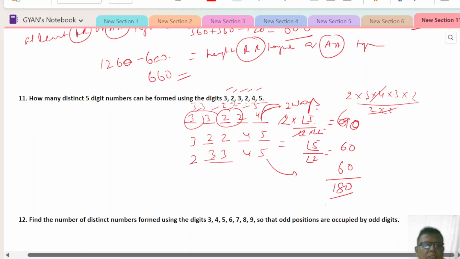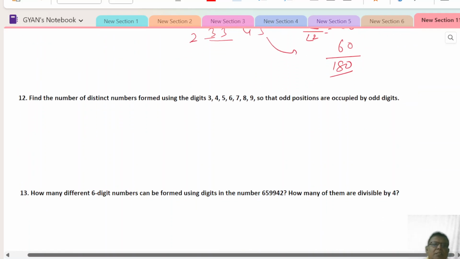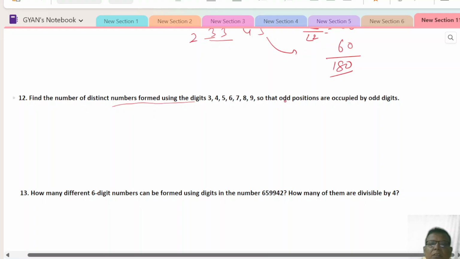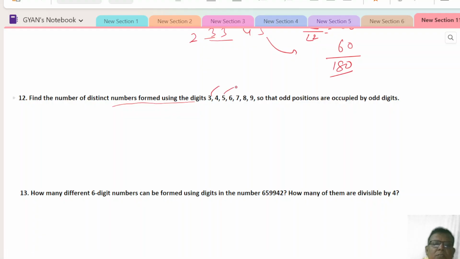Now come to question number 12. Find the number of distinct numbers formed using the digits, so that odd positions will be covered by odd digits. So which ones are odd? 1, 3, 9.